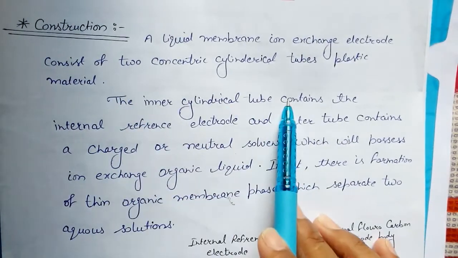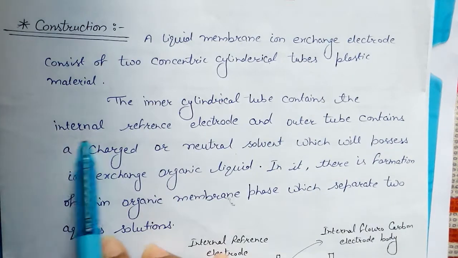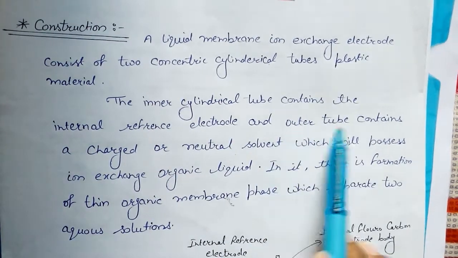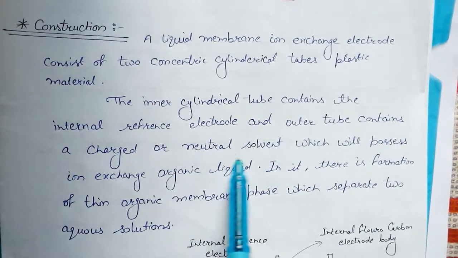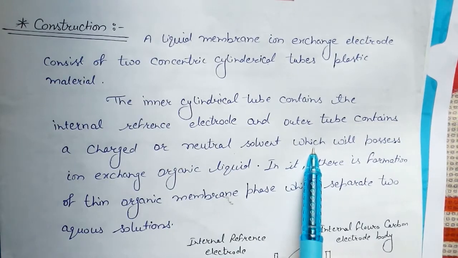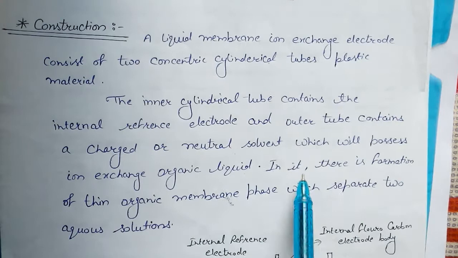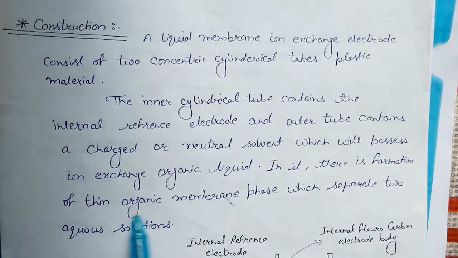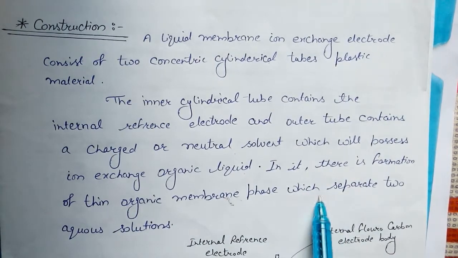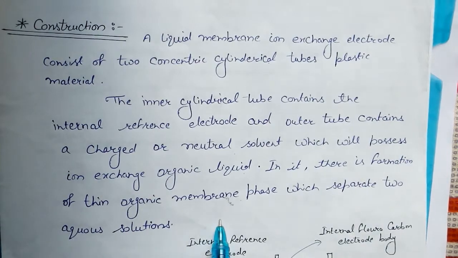The inner cylindrical tube contains the internal reference electrode. The outer tube contains a charged or neutral solvent, which possesses an ion exchange organic liquid. In it, there is a formation of a thin organic membrane phase, which separates two aqueous solutions.